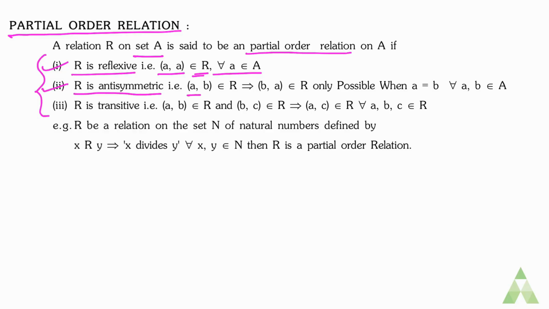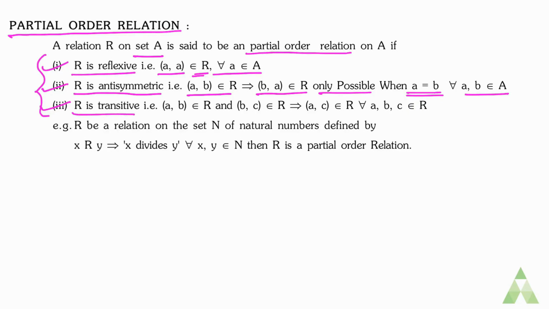That is AB belongs to R implies BA belongs to R only possible when A equals to B for all A, B belongs to A. Third condition is R is transitive.